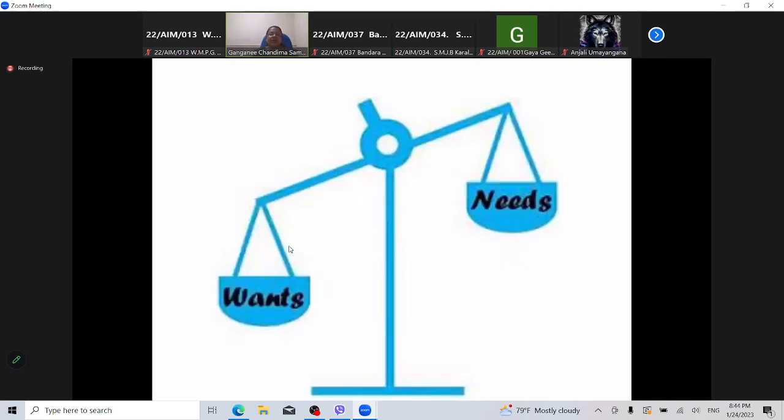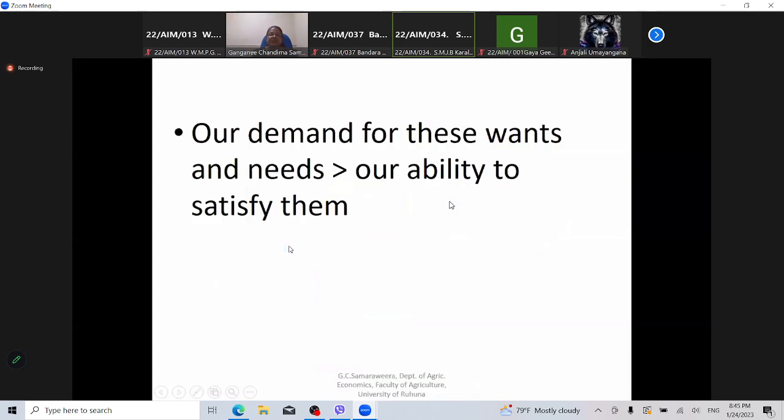Okay, so here you can see basic needs. Wants are many. Okay, many wants, but few needs. These needs are essential for our life. Then normally our demand for these wants and needs is greater than our ability to satisfy them.